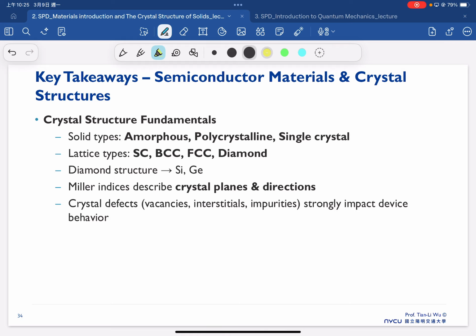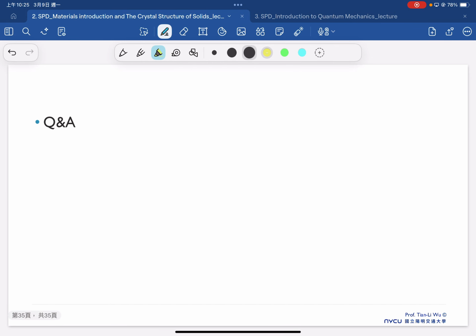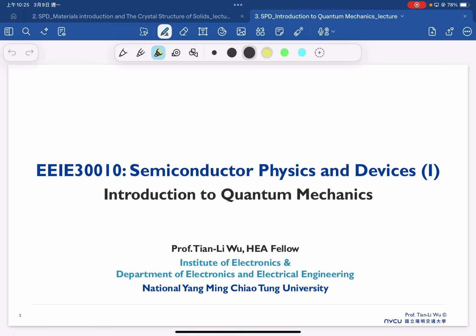We also talked about silicon and germanium, and most important is this one, the Miller index, which describes the crystal plane and directions. We also let you know that there are lots of crystal defects, such as vacancies, interstitials, and impurities, which in the end strongly impact the device behavior. Okay, so that's the end of this chapter. We will start to move to the next one.